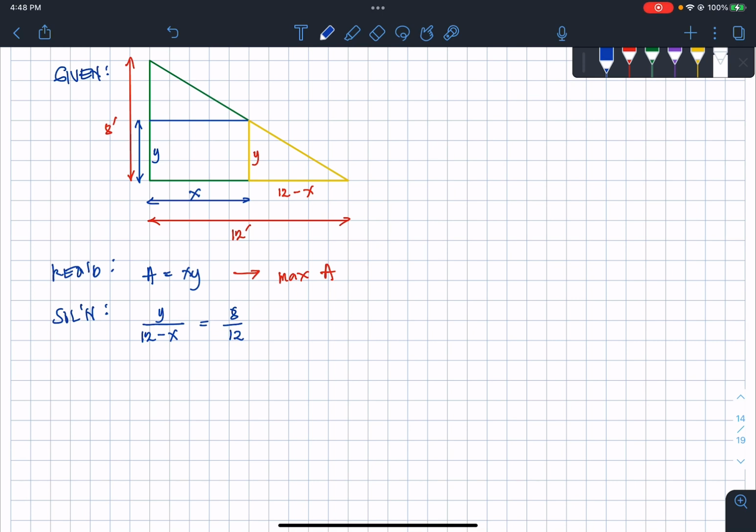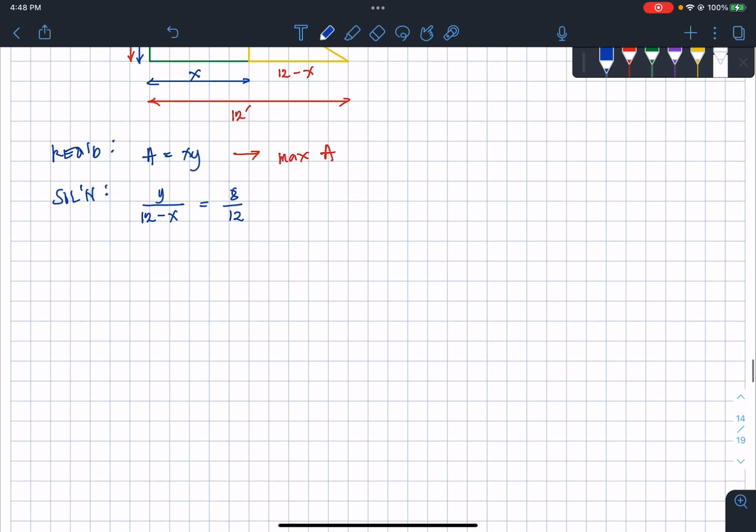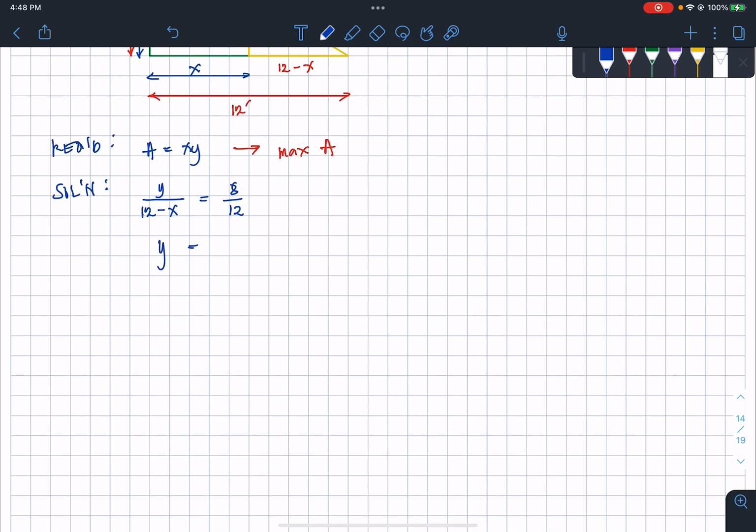For similar triangles, we have y over 12 minus x for the yellow triangle, and for the larger triangle, which is similar to the yellow one, 8 over 12. From here we can get the value of y by cross multiplying: 8 over 12 multiplied by 12 minus x.